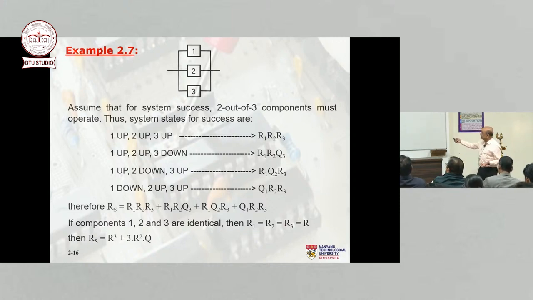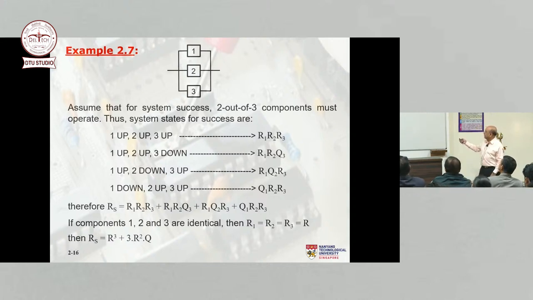So these are the various possibilities, and therefore the total system reliability will be R1, R2, R3, because all 3 are operating, plus R1, R2, Q3, component 3 is down, plus R1, R3, Q2, component 2 is down, plus R2, R3, Q1, component 1 is down. So when you add these all up, you will get the total system reliability.